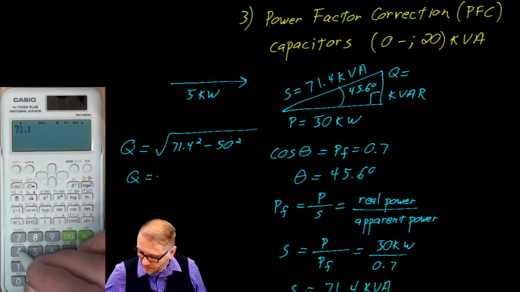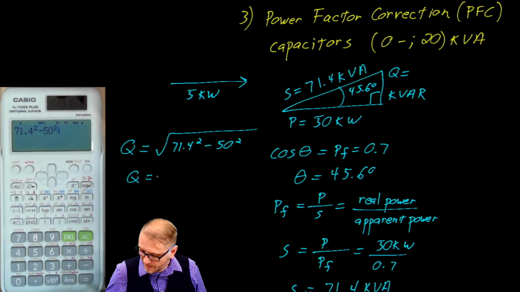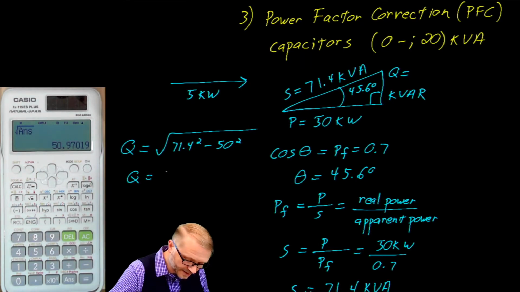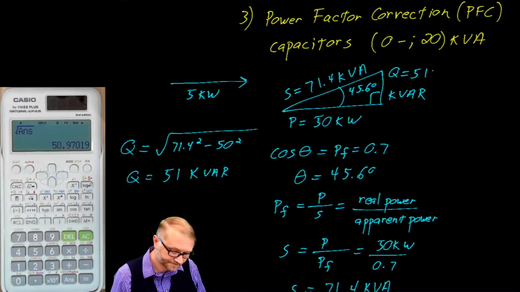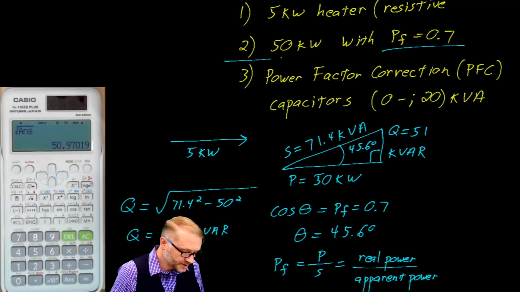So 71.4 squared minus 50 squared equals, and you take the square root of the answer, gives you about 51 kVAR. So 51 up there. That takes care of load 2.